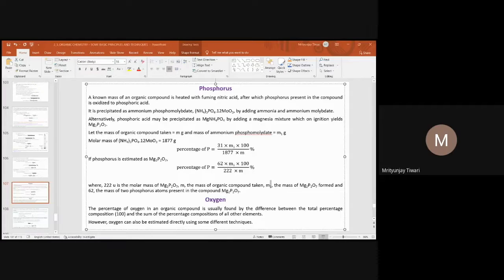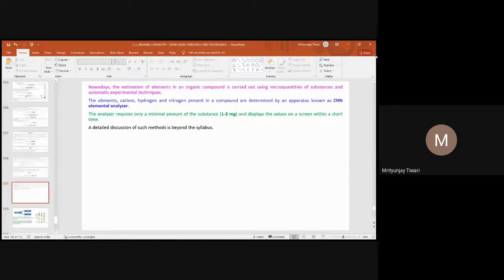The detailed discussion of this is not in our syllabus, it's beyond the syllabus, so we will not study any further about this. And this is where this chapter is over. So all the basic concepts of organic chemistry we have already studied. The nomenclature of organic compounds we have seen.